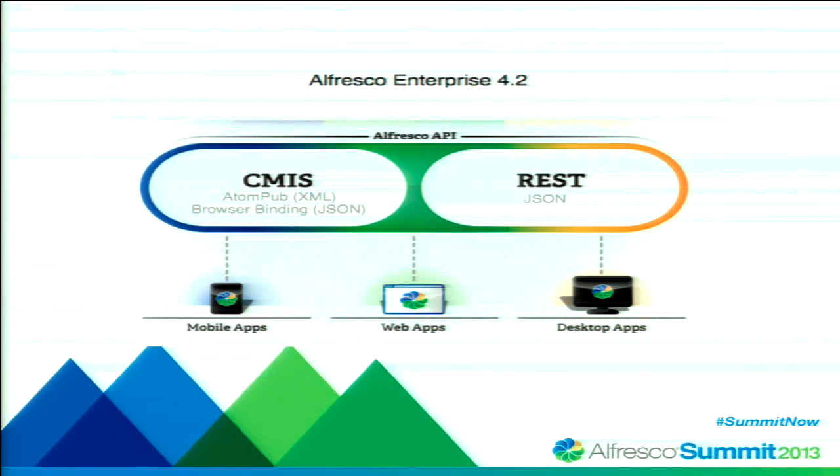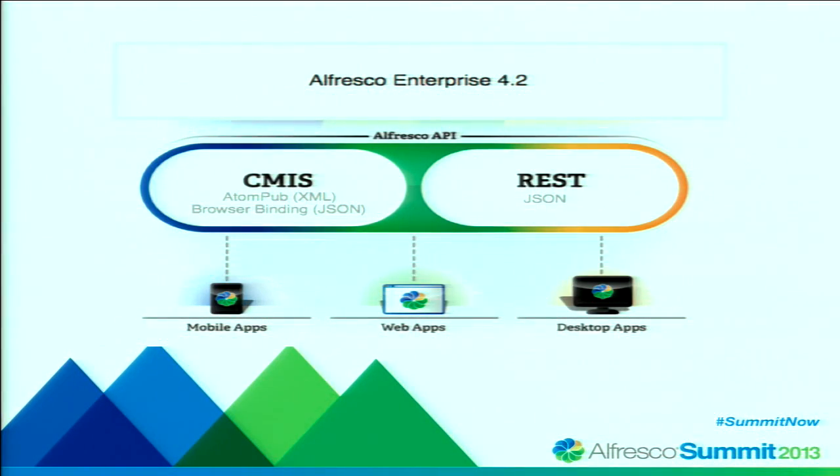What is a true RESTful API? Because we've got a lot of APIs, and I confess I've always written APIs and maybe called them RESTful on my CV, but it's not just HTTP with a GET. You know. So the great minds at Alfresco got together, tried to agree on what they thought a RESTful API was, and out of that became the Alfresco public API, which has been in the cloud for a year and now is available on 4.2.